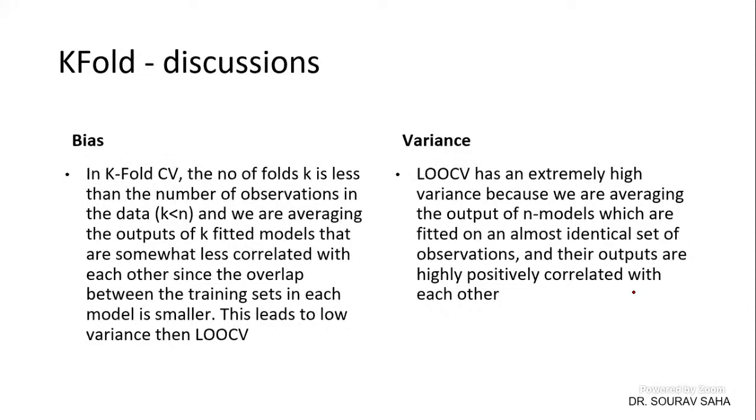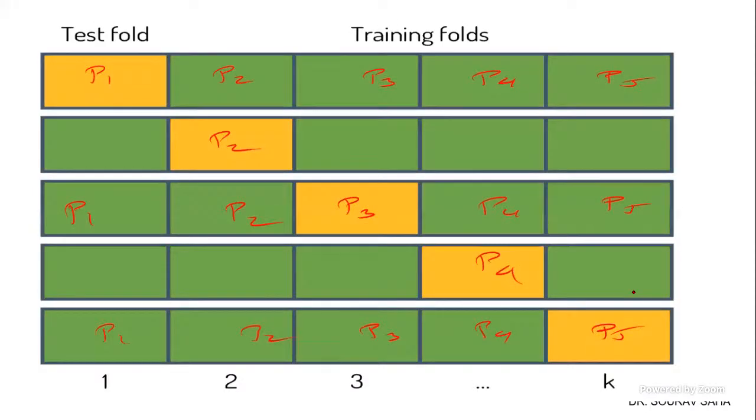So, Subramania, my question to you is: what is the best case for k-fold cross validation, and what is the worst case, in terms of performance?